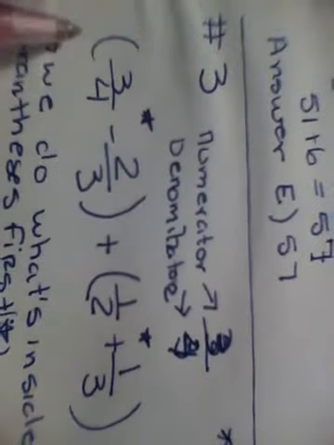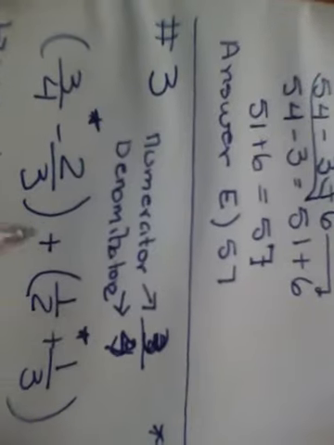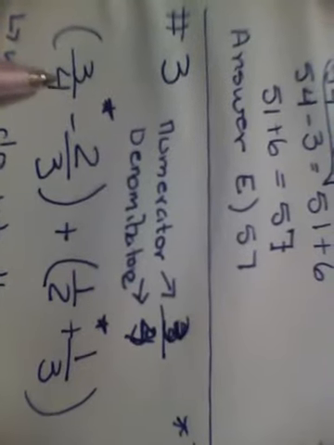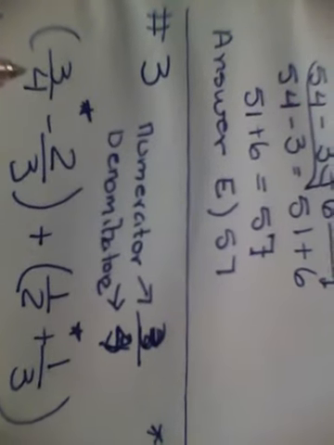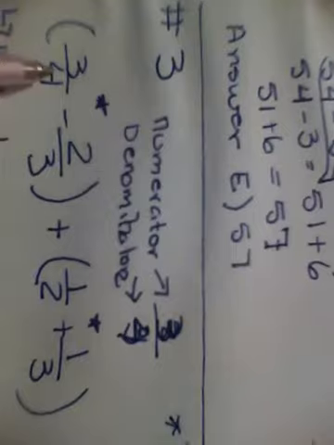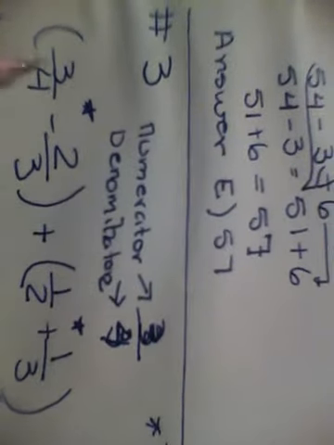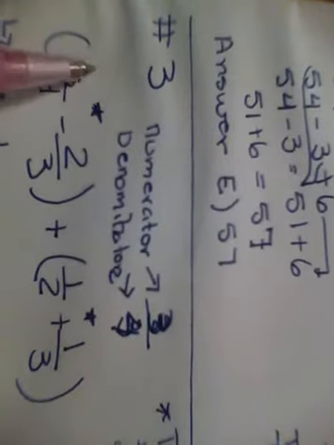What times 4 equals a number that 3 times another number also equals? So a number that they have in common would be 12. That would be the lowest, 12. So I have to make this number 12, and I have to make this number 12. But whatever number you multiply the bottom number by, you have to also multiply the top by. Okay?